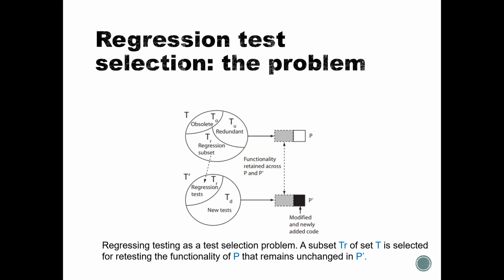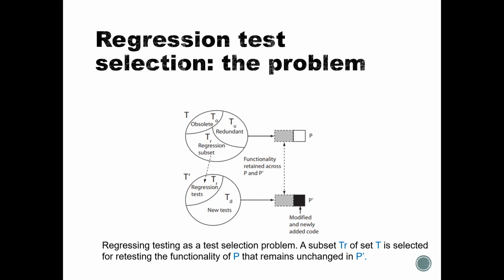But the one thing we have to observe here is that we have divided test T, the first oval in round shape, into three different categories. The first one is TU, which represents redundant tests, the second is T not, which represents obsolete tests, and the third is TR, which represents regression tests.